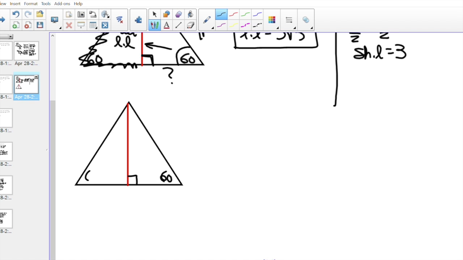Of course, I said earlier that all of them are 60. This would be 30. Now, this is the side of an equilateral triangle, and this is the altitude of an equilateral triangle. But we're talking about using a 30, 60, 90 degree triangle.